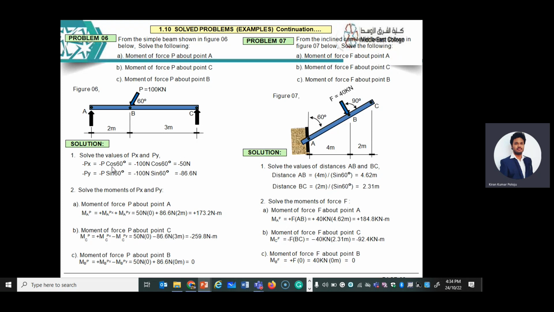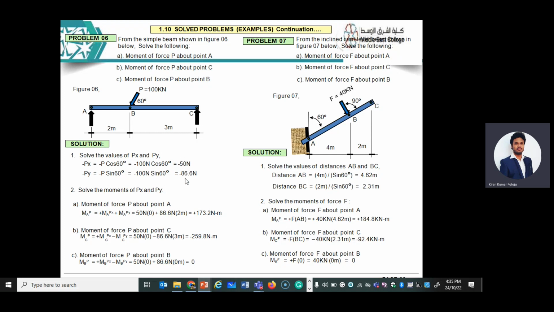Px, as you know, x means cos theta, y means sin theta. So Px is P cos theta. What is P given? 100. And Py is P sin theta. So you got Px and Py.